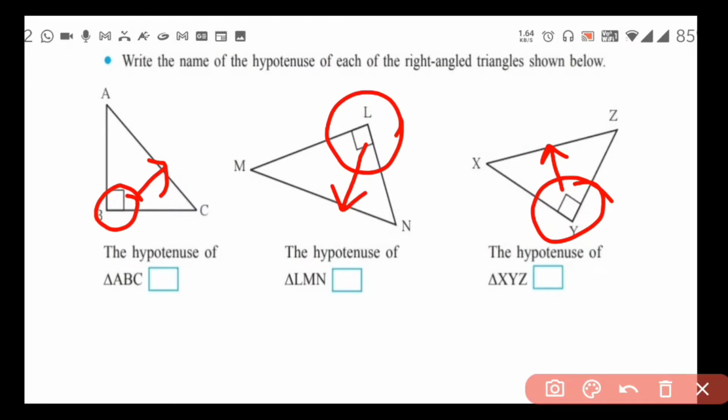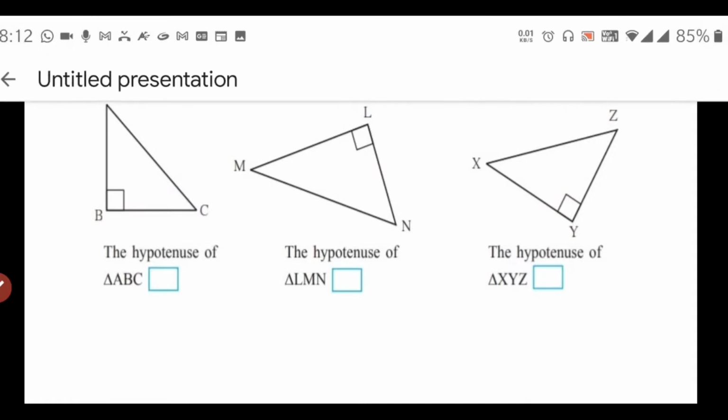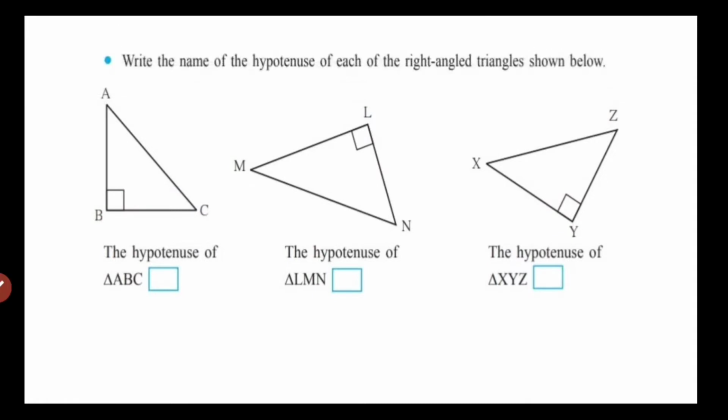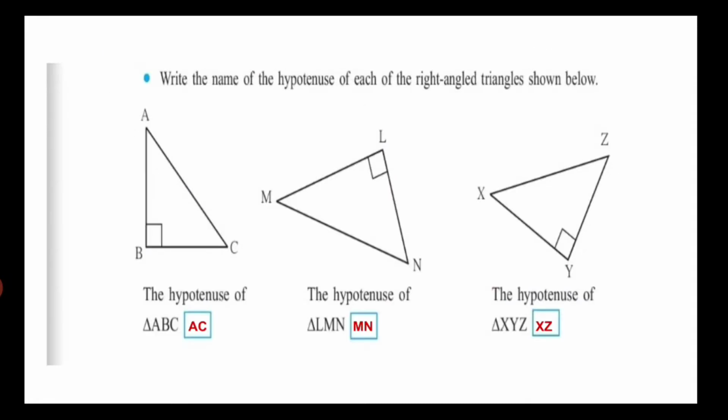So in this way we can write the names of hypotenuse in this activity. AC is the hypotenuse of triangle ABC, MN is the hypotenuse of triangle LMN, and XZ is the hypotenuse of triangle XYZ. And this hypotenuse is the longest side of right angle triangle. This side is longer than remaining 2 sides. This also we have to keep in mind.